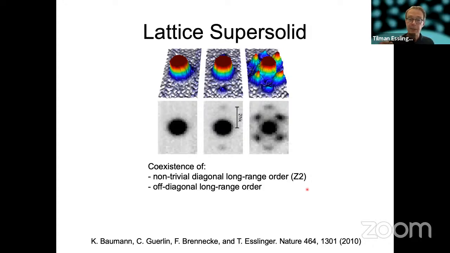The definition of a supersolid is that you have a combination of off-diagonal long-range order, which is basically you have a superfluid, and you have a non-trivial diagonal long-range order. So that's a density order. And non-trivial refers here to the fact that you have a density modulated wave function.